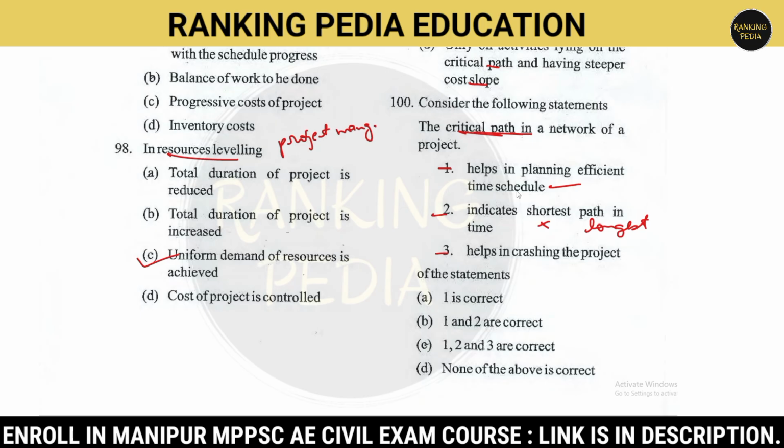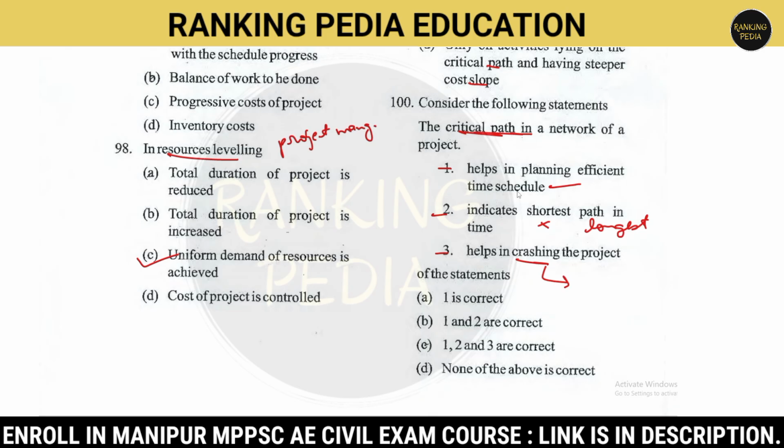Now we will be reading third statement, which is helps in crashing the project. So the critical path in a network of a project, does it help in crashing the project? Yes, it helps crashing the project. Crashing refers, what does crashing mean?